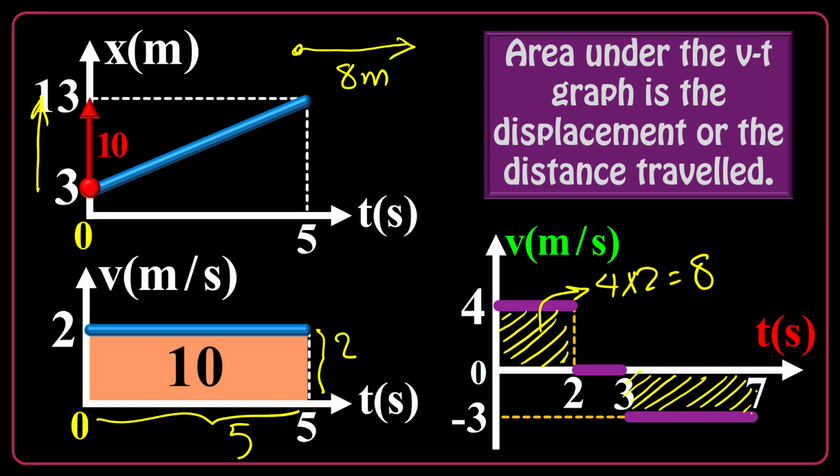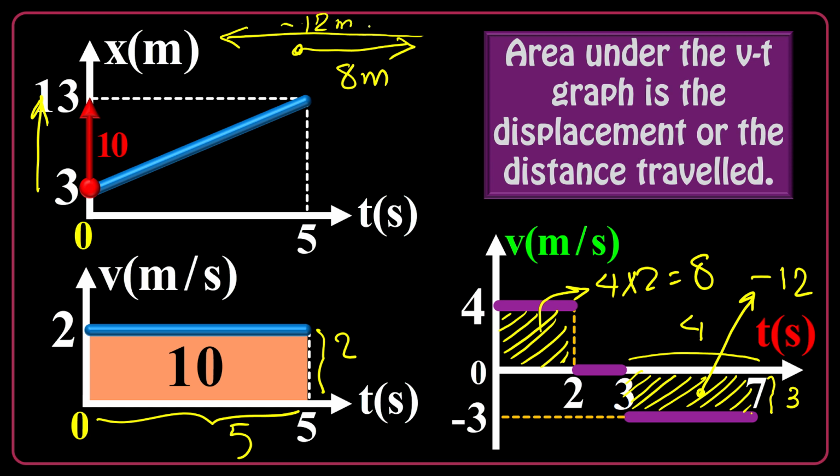Okay, it's very important. If I find it, the width is 3 and the length is 4, so it's 12, but negative 12. So the area here is negative 12, meaning that the object goes back 12 meters to the left. It's very important, negative 12. Basically, the distance is 8 plus 12, because the distance is the length of the trajectory.